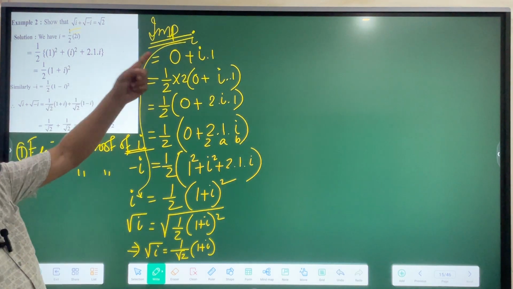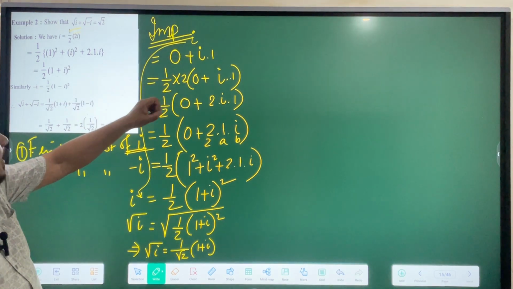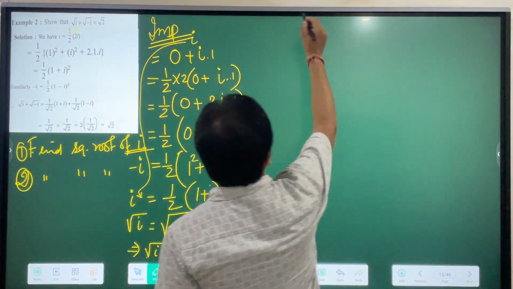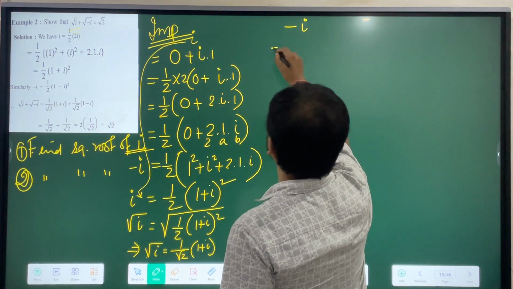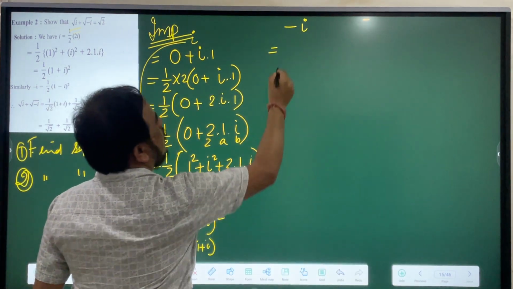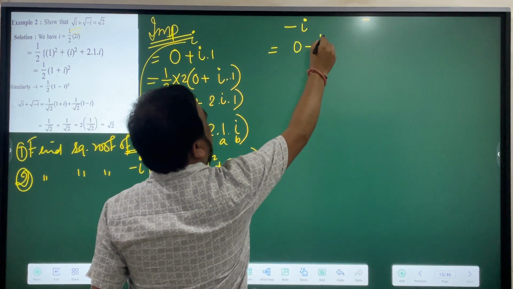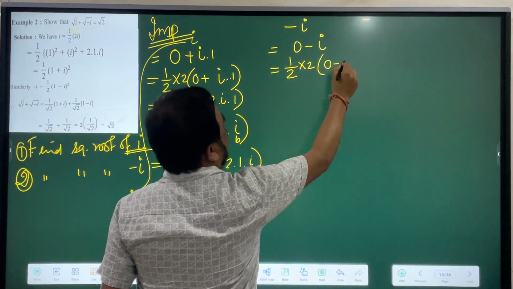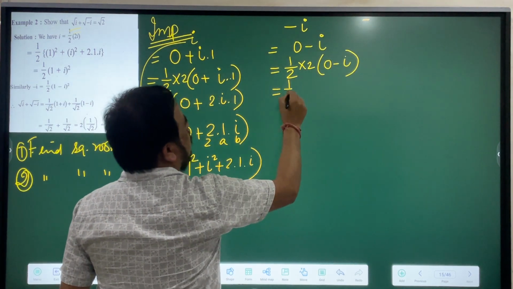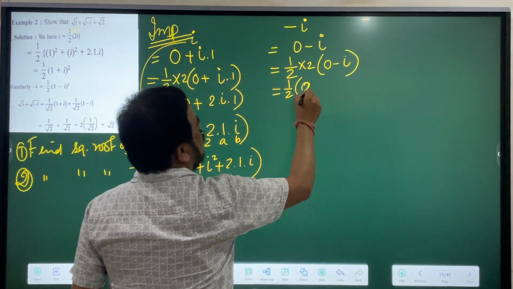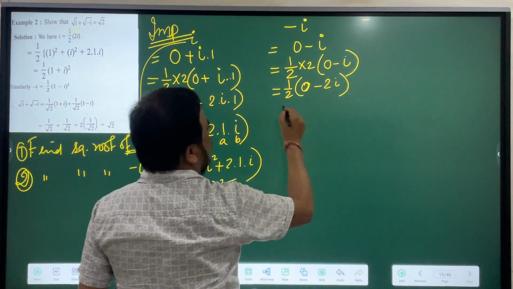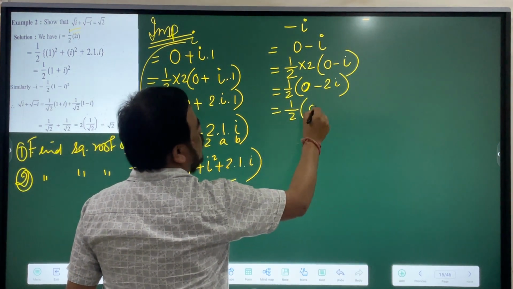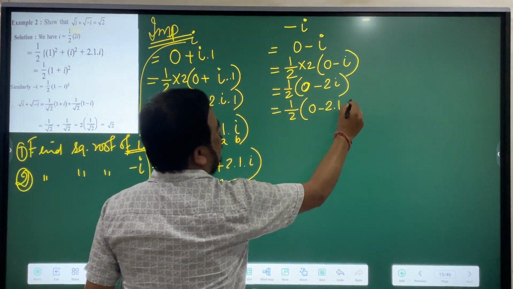Now we will try to find the square root of minus i. Minus i, same way: 0 minus i, 1 by 2 into 2, 0 minus i, 1 by 2 times 0 minus 2i. So 1 by 2 times 0 minus 2 into 1 into i.